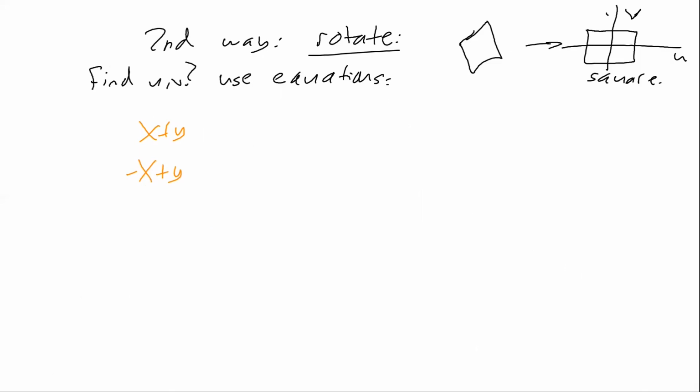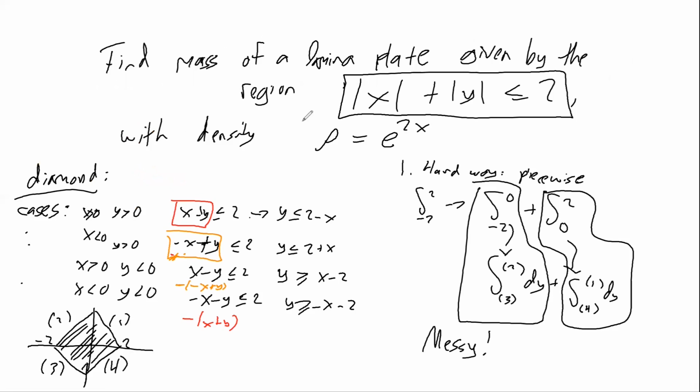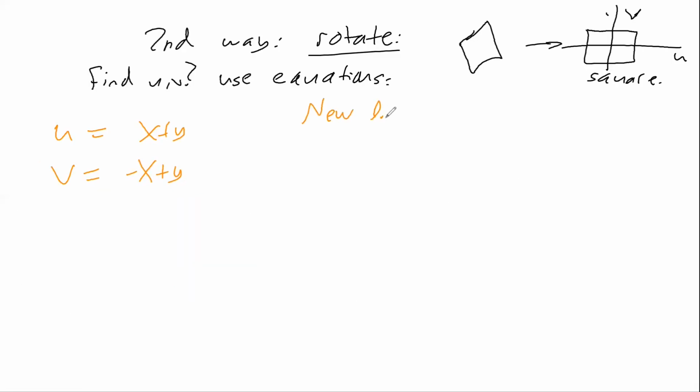Let's just do u equals x plus y and v equals negative x plus y. So in order to get the new limits, you just plug u and v into the edges.